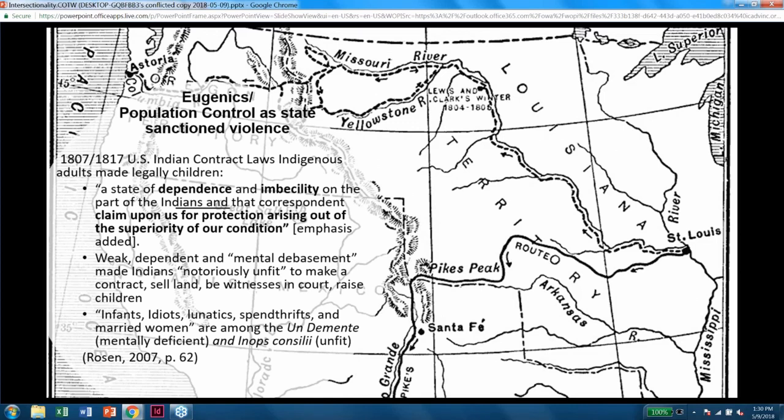Like around 1807, this map shows the United States, really the uncharted territory that's west of what is now the Mississippi River. At that time in history, indigenous people were being pushed west further and further.